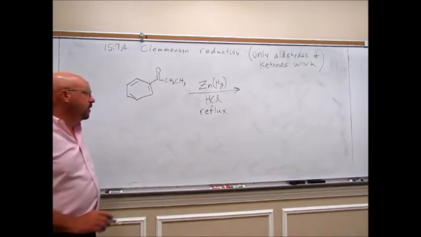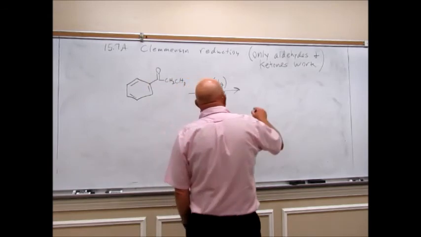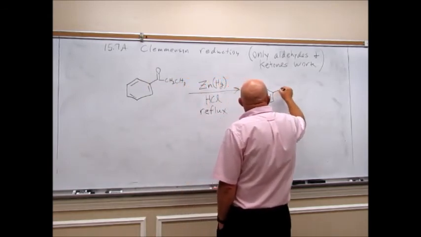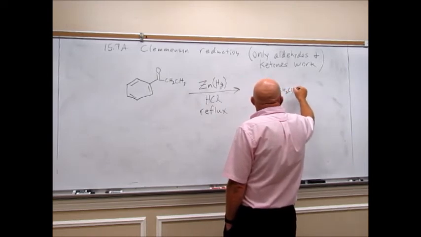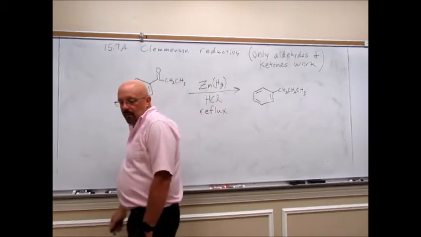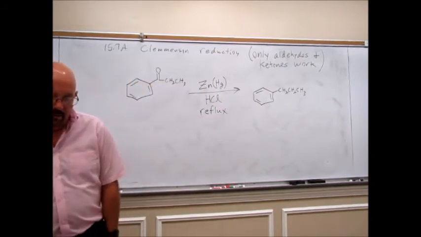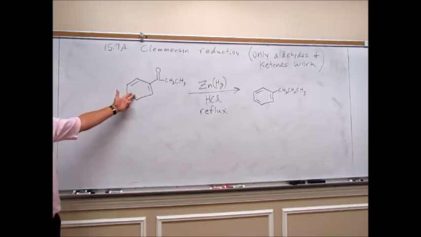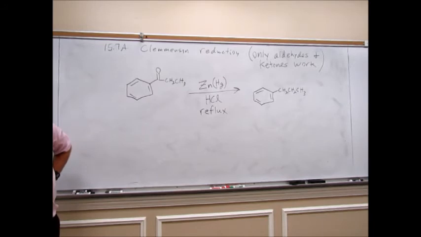And that will reduce that carbonyl to a CH2 group. Now the mechanism is not known for how this works, we just know it works. So here I have a ketone and we are reducing it to a CH2.